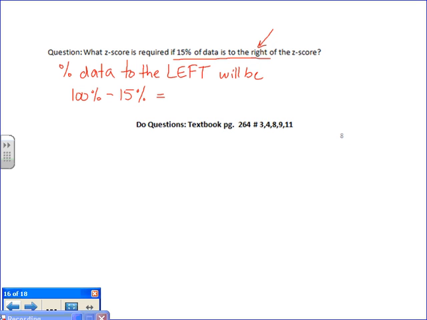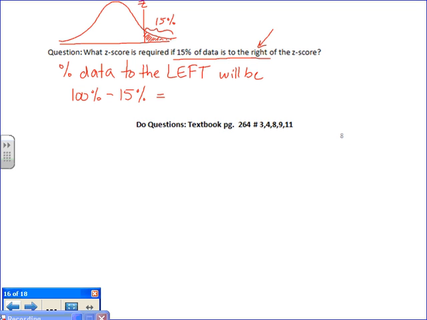Let me just draw you a quick curve to show you what I'm talking about here. What it's saying to us is that 15% of the data is to the right. We don't know where the z-score is, but we know this: 15% might look something like this. A small fraction of the data is to the right of my z-score.